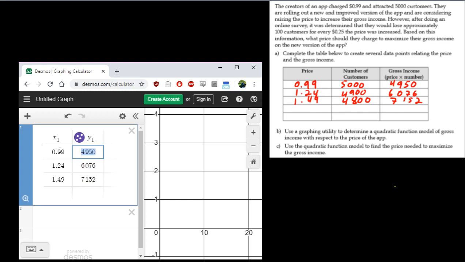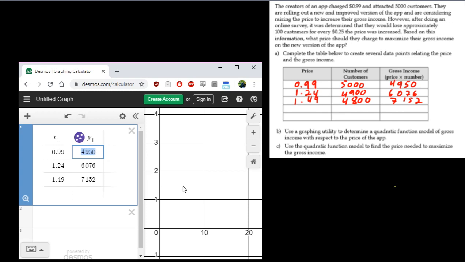Okay, notice what I did here. I put in our price and I put down our gross income. I did not put down the number of customers. I only put down these two things, because the question says relating the price and the gross income. We're not really concerned about the number of customers. We want the gross income and the price. It is not on my graph whatsoever.